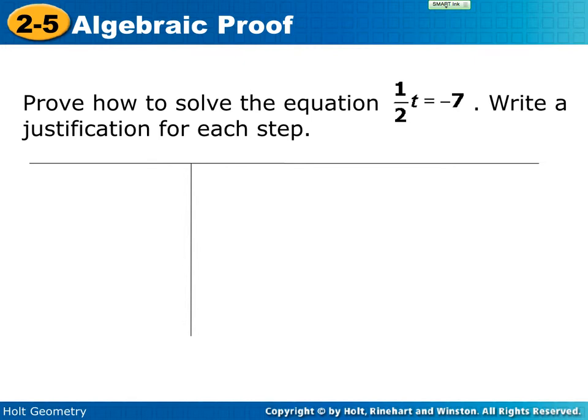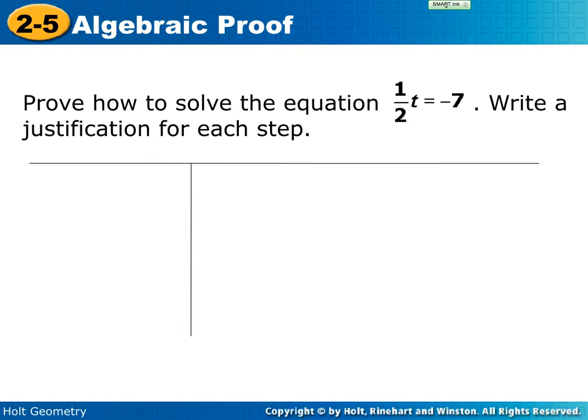Okay, how many steps? You're multiplying by the same thing on each side. So it's just multiplication property. How many did a multiplication property? Anyone do a division property?